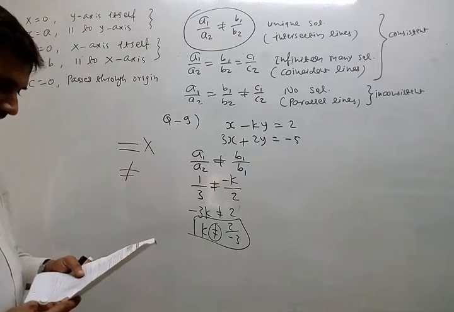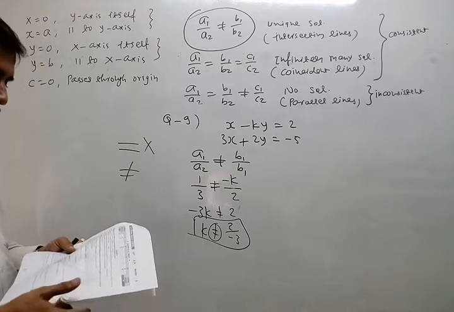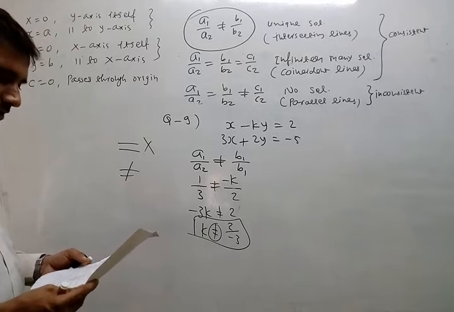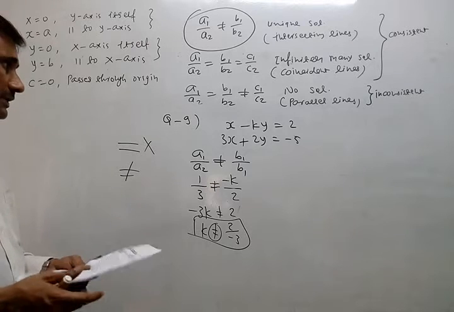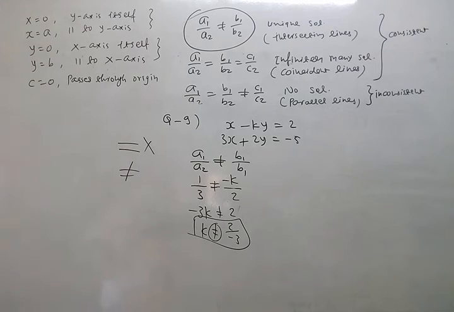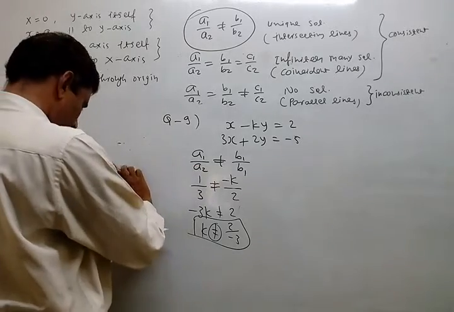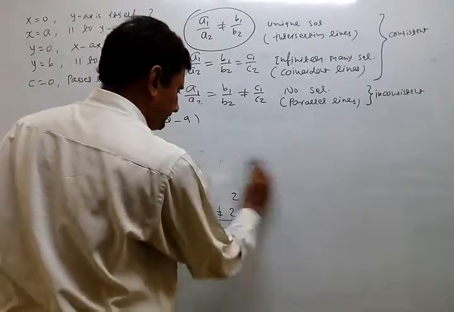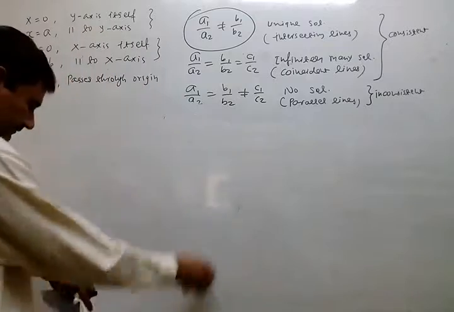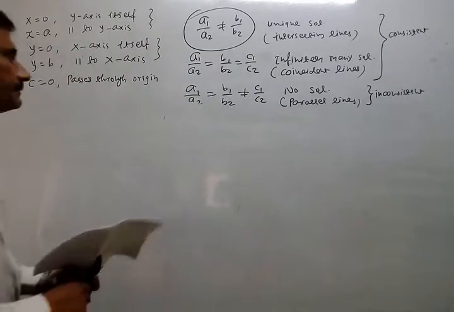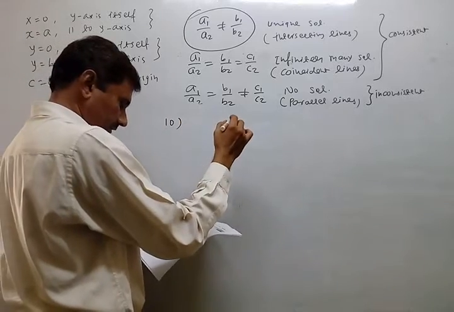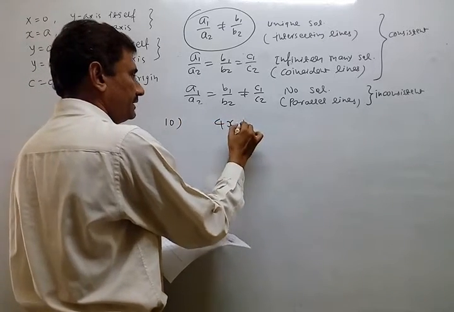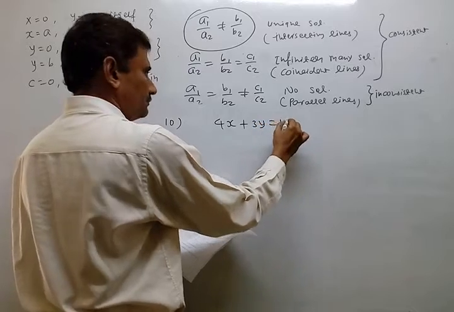Now take the graphs of the equation 4x plus 3y equal to 14 and dash are parallel lines. I am talking about number 10. One equation is already given: 4x plus 3y equal to 14.